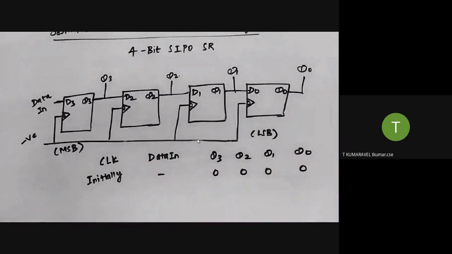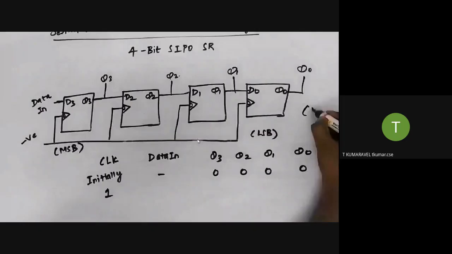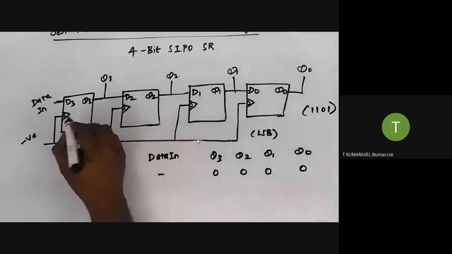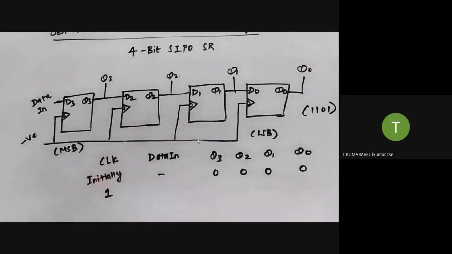Next, in the first pulse, suppose I provide the data 101. This is my data. This data I am going to store in this register. Let's see how it is going to store that.